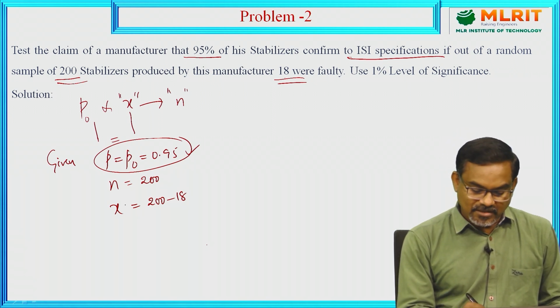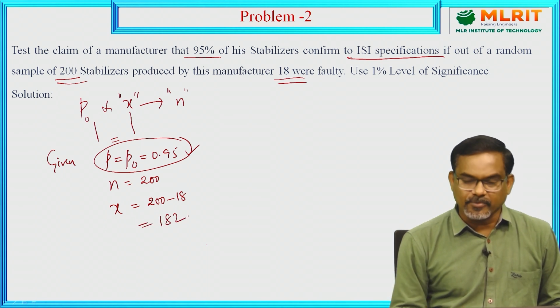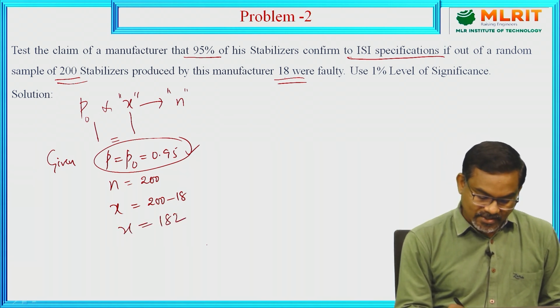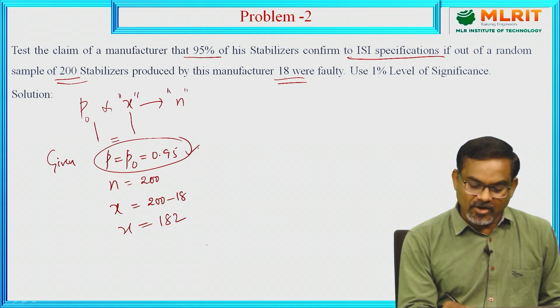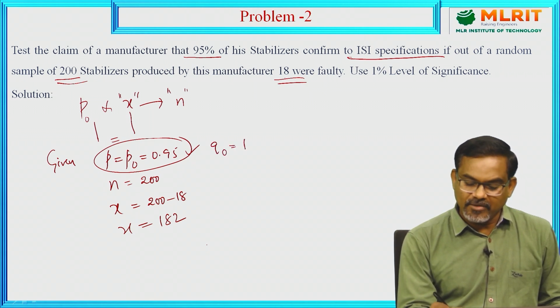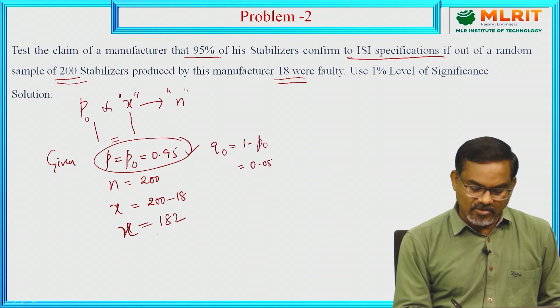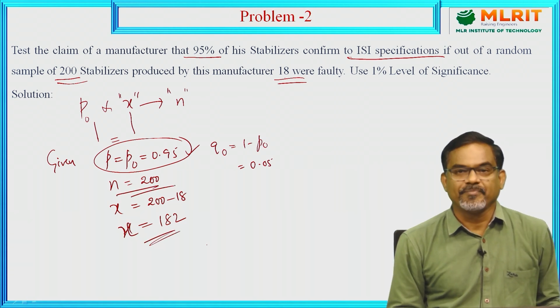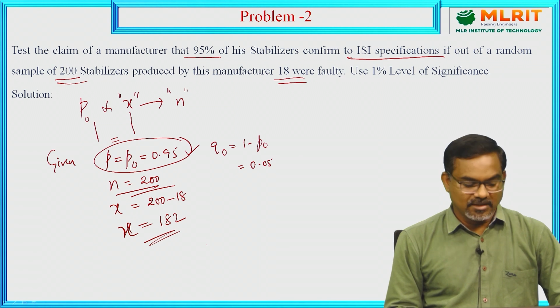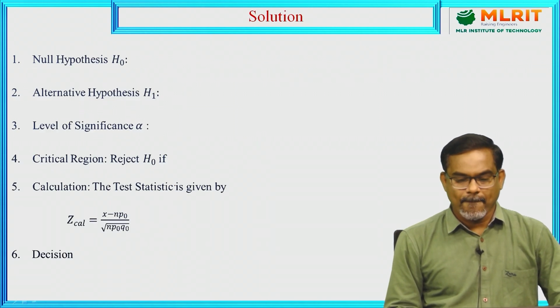So the number of successes means 200 minus 18, which is 182. We have to use this value of x. If P naught is 0.95, Q naught will be 1 minus P naught, which is 0.05. N is 200. Let us start the testing of hypothesis.